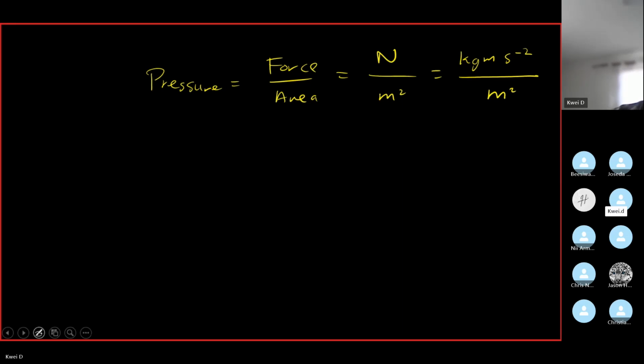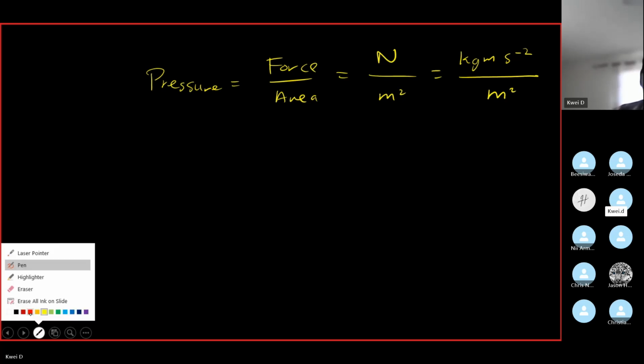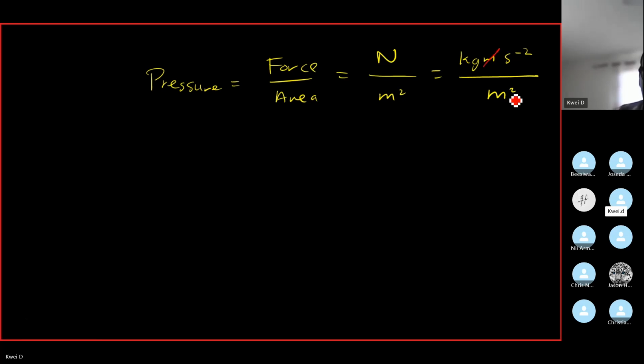So if you look at it carefully, you can see that the m will cancel the m squared. And what will you be left with? You'll be left with kg s minus 2 over m. Are you seeing?